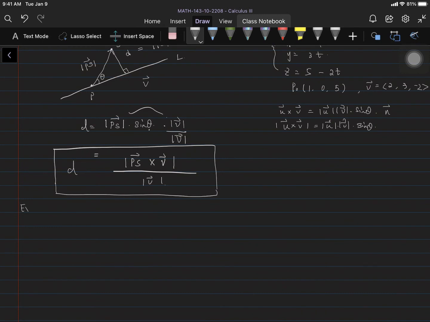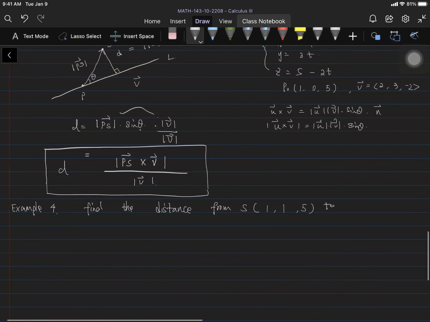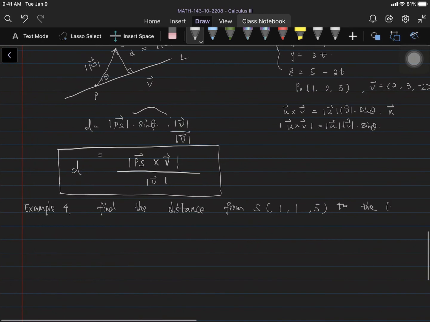Now let me show you the example. Example 4, actually. Find the distance from the point 1, 1, 5 to the line. The line is given by these parametric equations: x equals 1 plus t, y equals 3 minus t, z equals 2t.